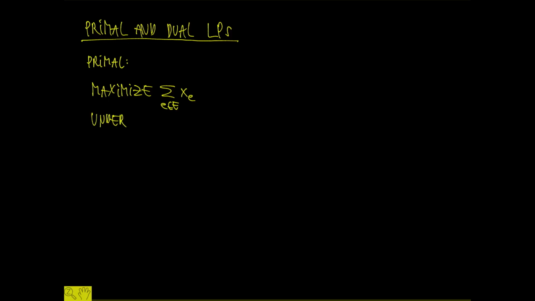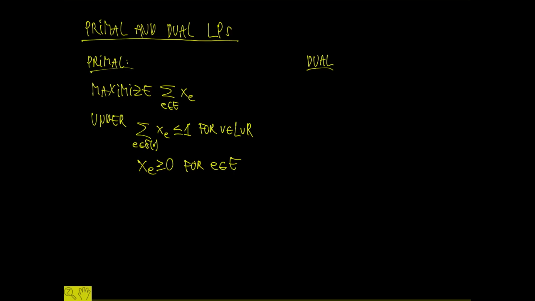So let's look at the primal and dual formulations of this LP. The primal formulation is just as before. We want to maximize the sum of all xe, where xe is the variable that indicates whether e is chosen, and we want to make sure that at most one edge is chosen for every vertex, and all of these decision variables need to be non-negative.